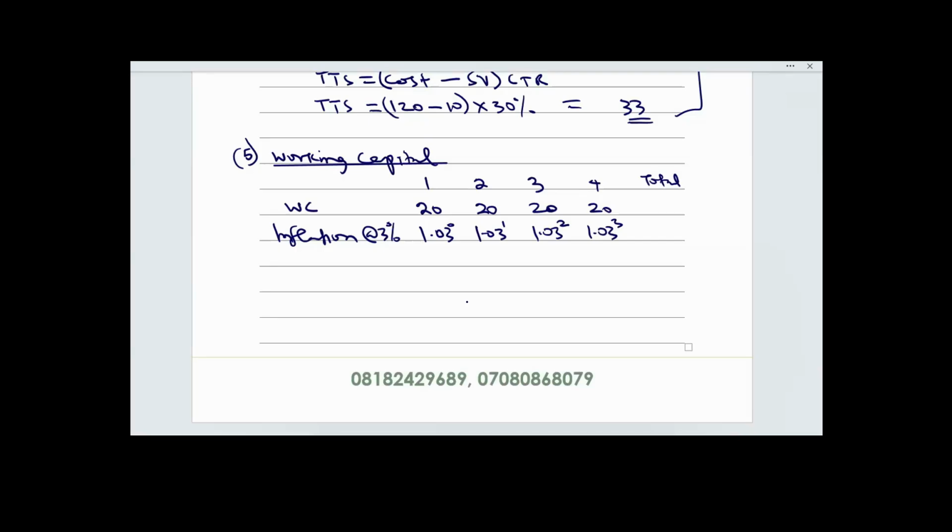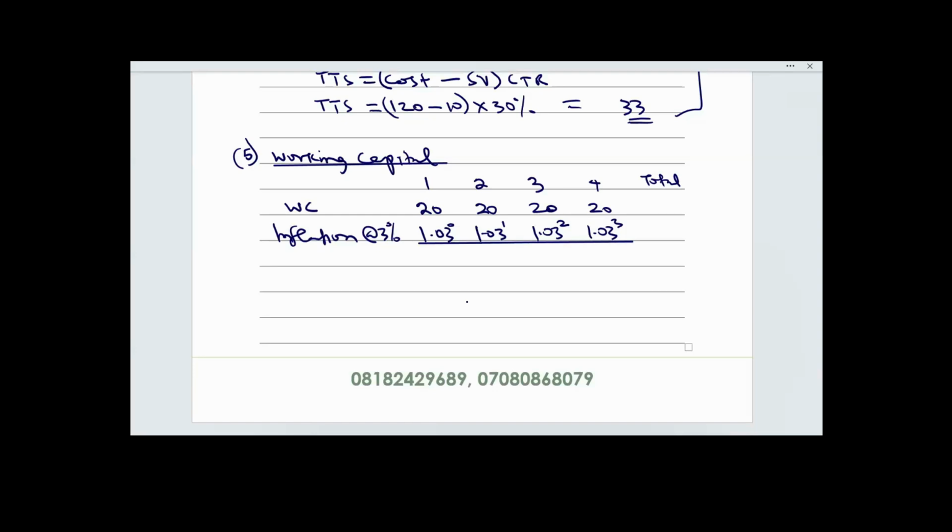This is what I was saying, that the fact that your working capital is in first year price does not mean, and I said that inflation should start from year 2, that you are then going to say 1.03 raised to power 2. No. So you have to do the way I've done it right now.